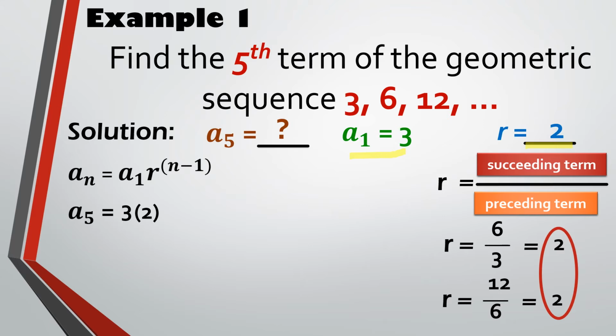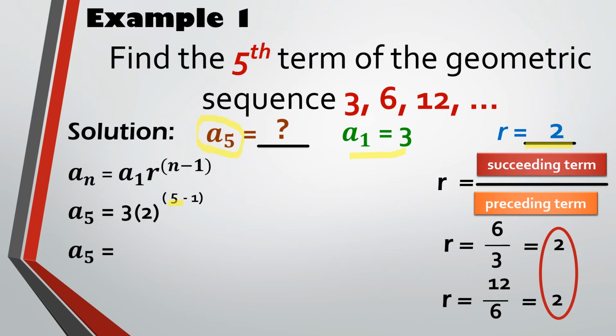We already solved for the common ratio. And do not forget that you need to raise the common ratio first by n, which is 5 minus 1. Okay? So where did we get 5 here? We get the value of 5 in our unknown term, which is a sub 5.